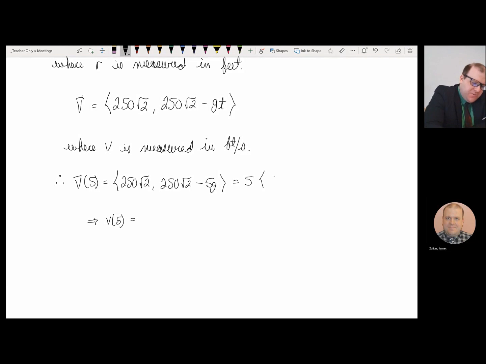That would be what, 50 root 2? 50 squared is 2,500 times 2, right? Because root 2 squared is 2.